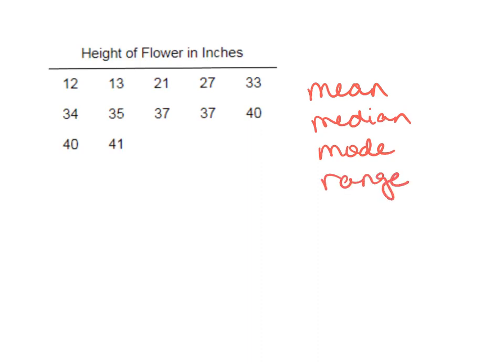I'm not going to go through how to do this because I think you already know. The nice part is the numbers are already in order from least to greatest, so we don't have to worry about that. A couple of them quick. There's two modes, 37 and 40.